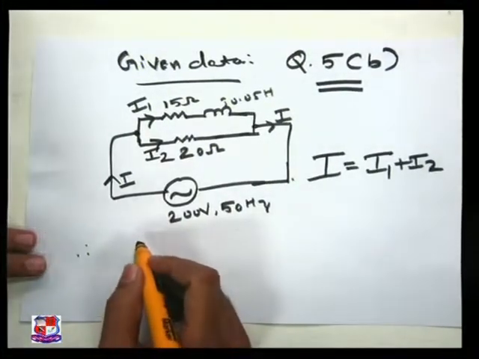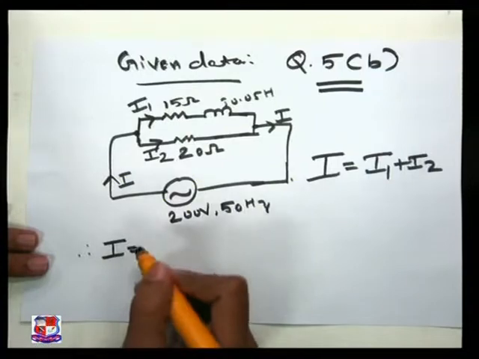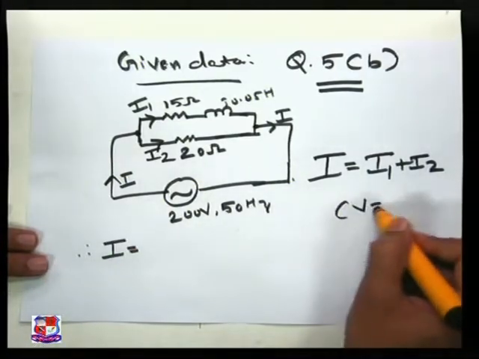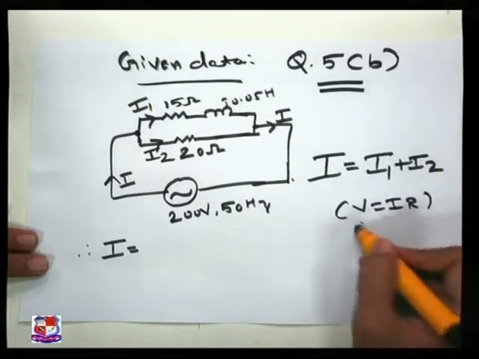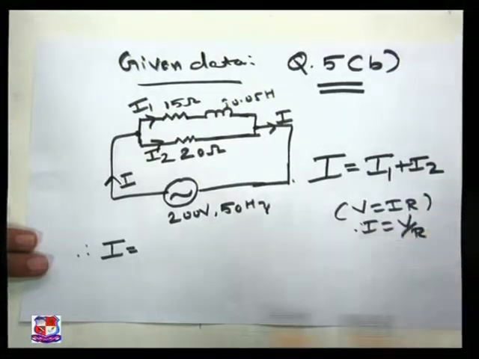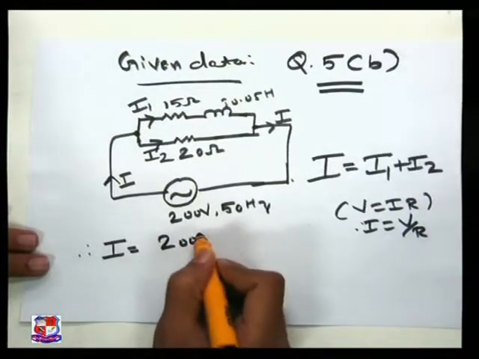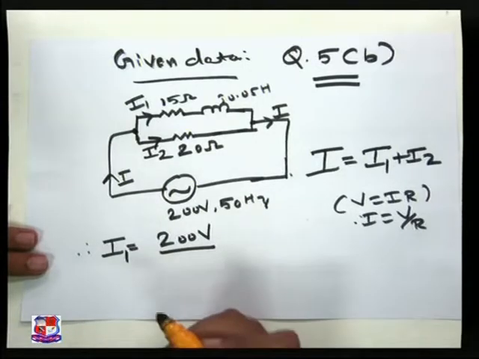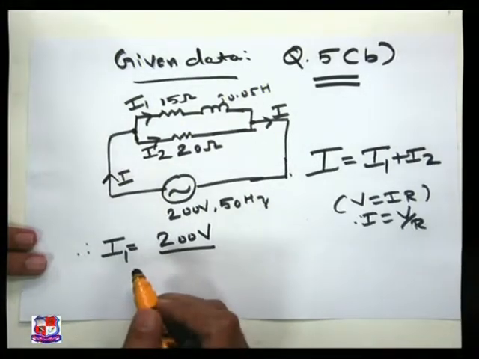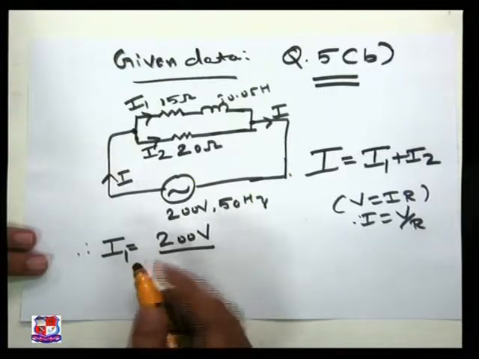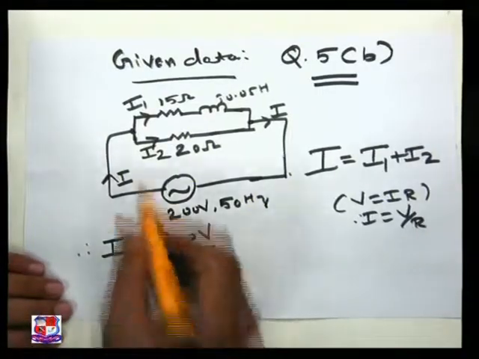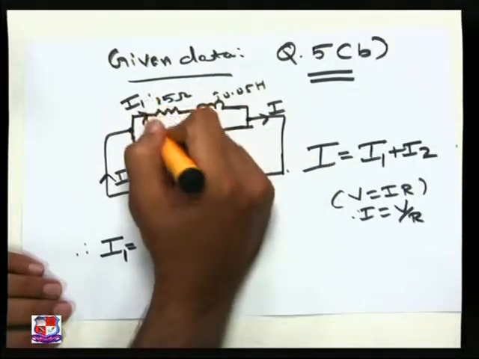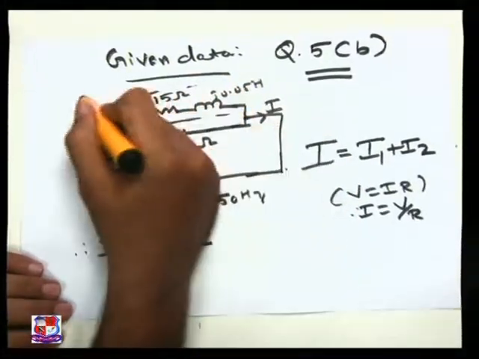Normally Ohm's law is V equal to IR, so I will be V by R. V is given as 200 volt, divided by the impedance. I am solving for I1, for the series combination of 15 ohm and J 0.05, which I can take as Z1.